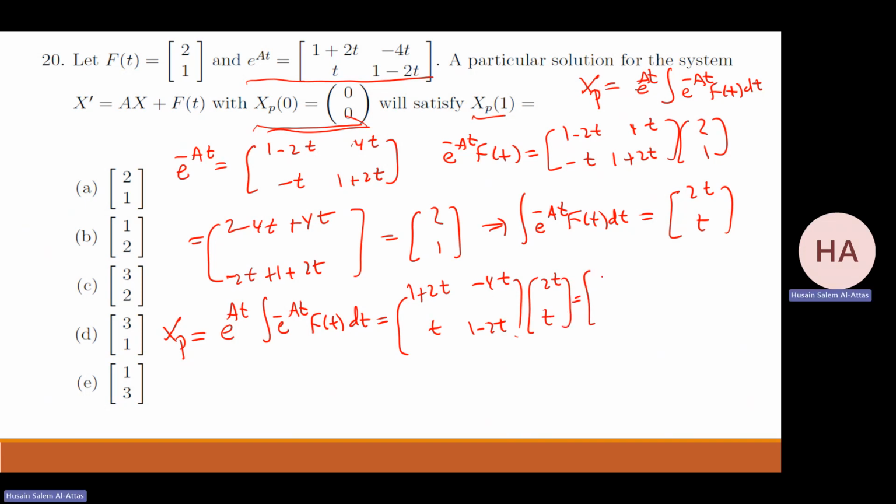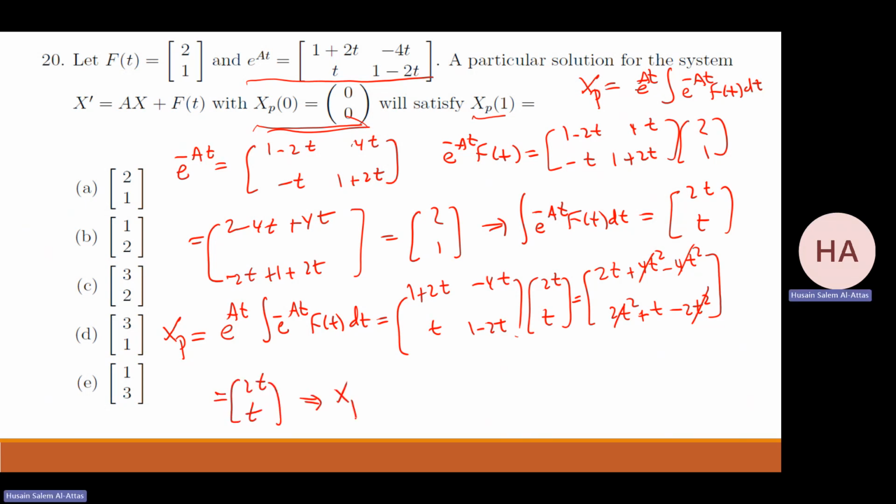That gives me what? Be careful here, 2t plus 4t square minus 4t square. And there we have 2t square minus t. No, plus t minus 2t square. Cancelled, cancelled, cancelled. So we are getting 2t and t.